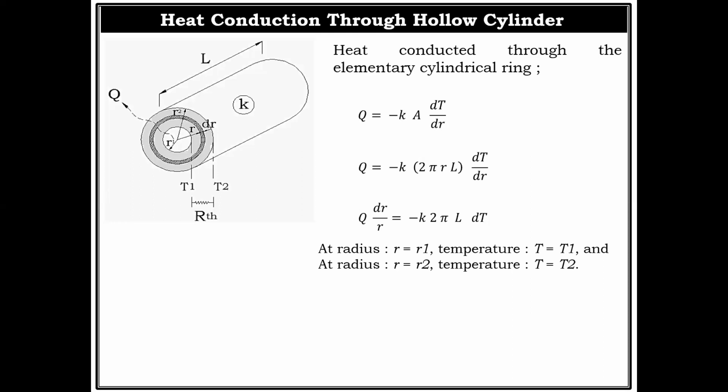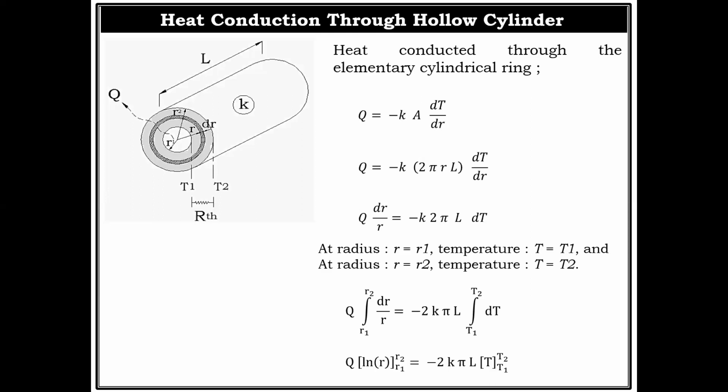Applying this condition, we get such an equation, that is Q, as it is constant throughout, is removed from the integration sign. So Q integration within the limit r1 to r2 of dr by r is equal to minus 2 k pi L. All these terms are constant, so we remove them from the integration sign. So minus 2 k pi L integration within the limit T1 to T2 of dT.